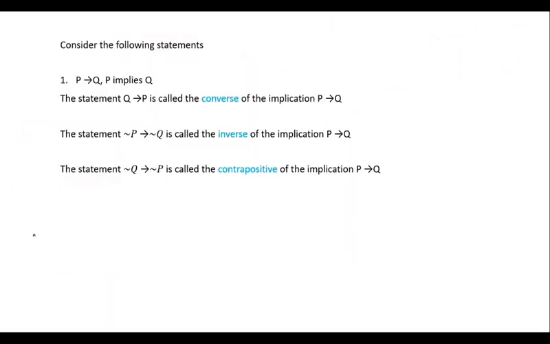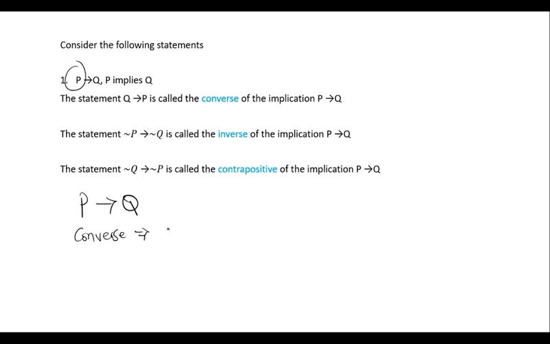So let's go ahead. Now, let's consider the following statements. If we have a statement P over here, and this statement implies the statement Q, so we have P implies Q. Then a statement is the converse of the original statement when we interchange the position of the two statements.